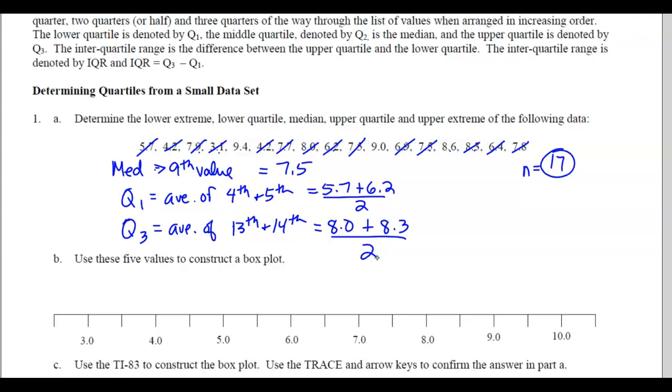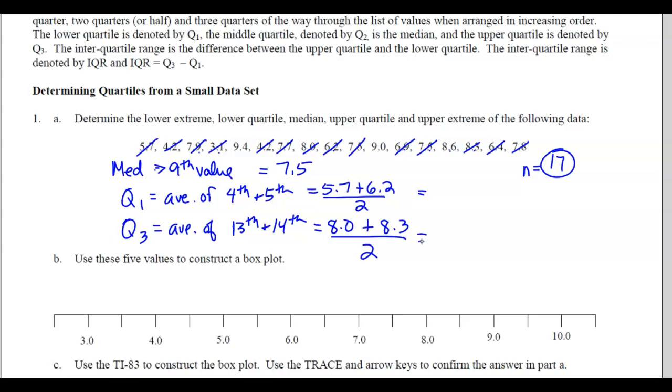And then 15th, 16th, 17th. Yep. Okay, so now you can find those. If you feel it's easier to write them all out in order and then look, go for it. But for a small number, you should be able to do that. You can always check by using your calculator, and we'll do that in a minute.